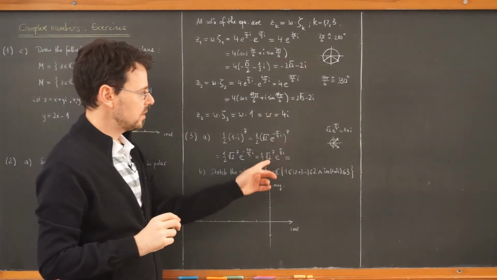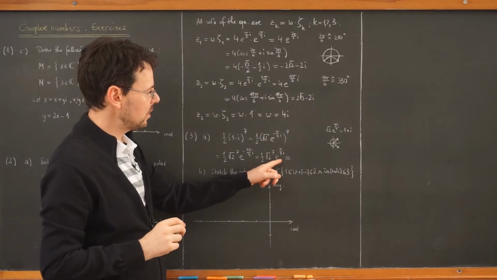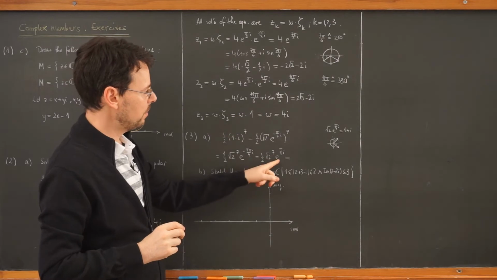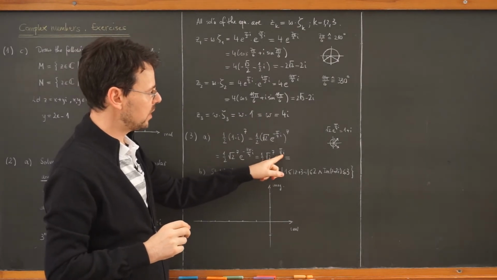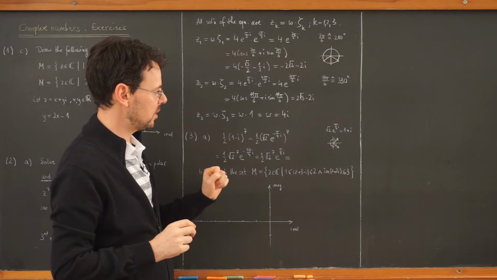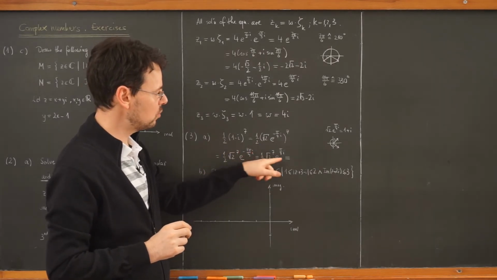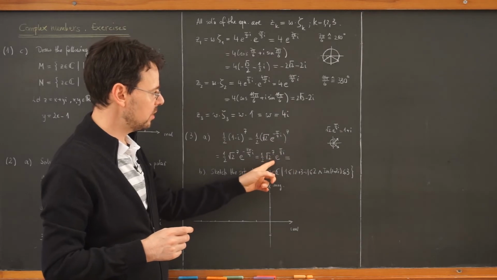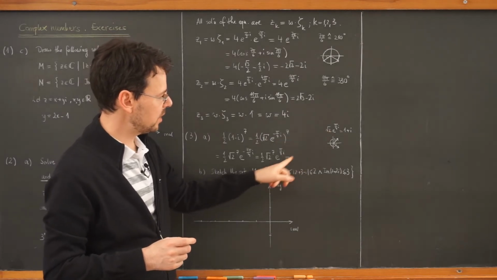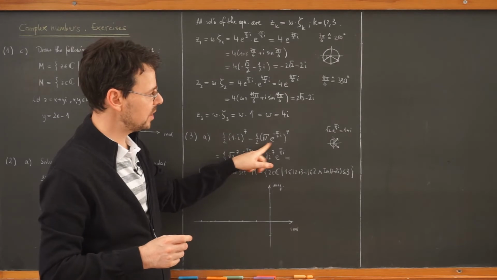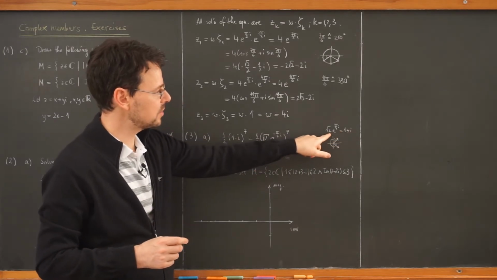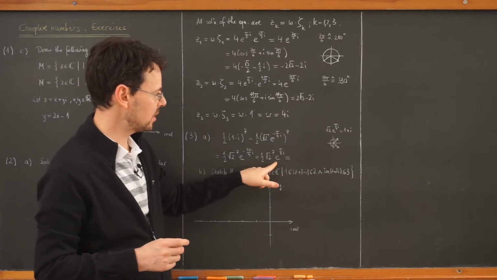Okay, now there's a little trick. You could either use Euler's identity as before, and you would have to know that cosine of pi over 4 is the same as sine pi over 4, and they equal square root 2 over 2. And so you could multiply here, but a better trick is that you see, same as here, 1 plus i is square root 2 times this guy here.